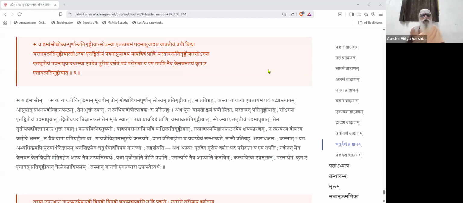Or if you receive some very big donation like a Godana and all that, you have to even do 10,000 Gayatris. Like that it is said. But the Gayatri is the mantra which protects you from the Pratigraha dosha.